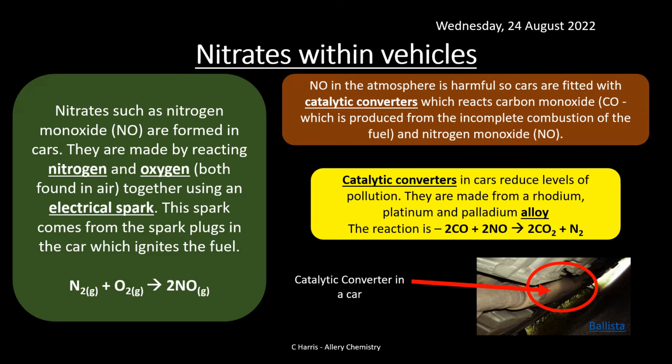These are catalysts effectively. So there's a catalytic converter in the car, and it converts carbon monoxide and nitrogen monoxide into carbon dioxide and water. The catalytic converter is found underneath the car. If you ever have a look underneath, there's a box that sits underneath, normally about halfway along the car, I think. And this is the catalytic converter.